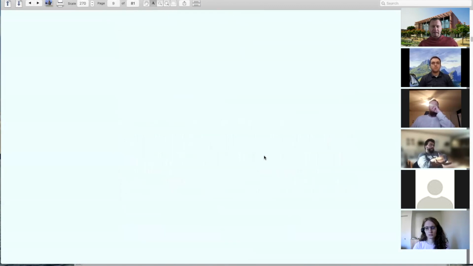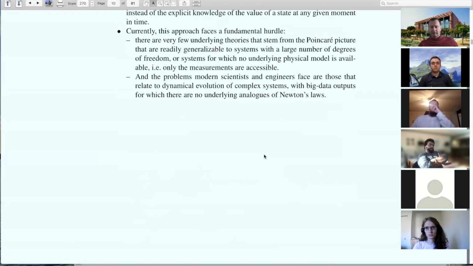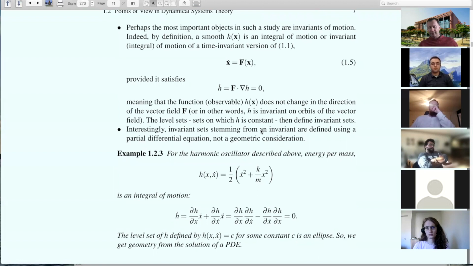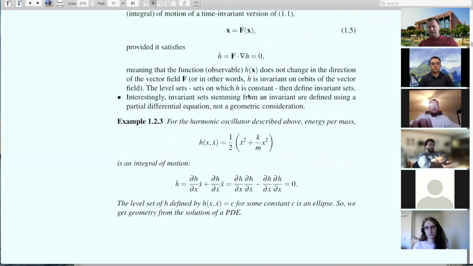So my larger point is, in order to obtain that solution of a dynamical system, we can start with solving a partial differential equation, find h, and then plot the level sets and get geometry.